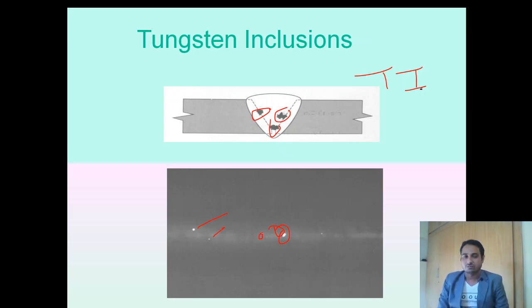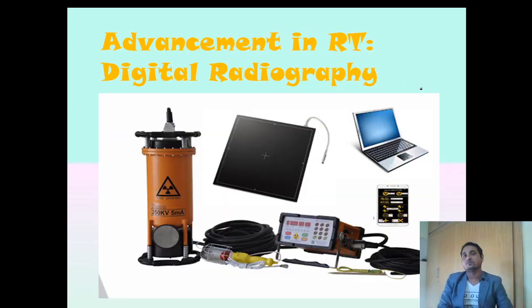So now I think you have become very familiar with this radiography technique, the different types of defects, why they happen, and how they are seen in the radiography film. At the end, now we will see the advancement in radiography, that is digital radiography.